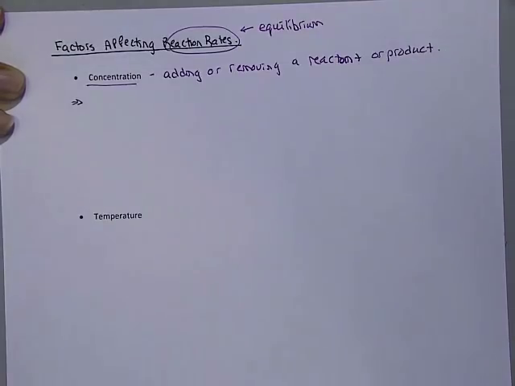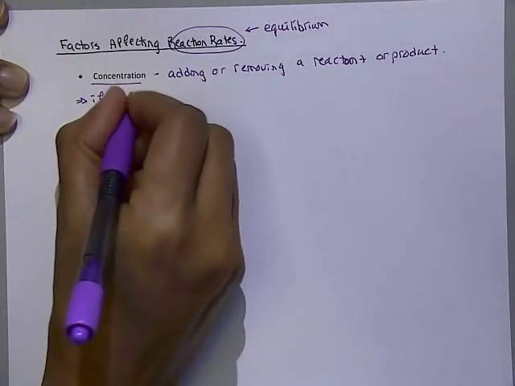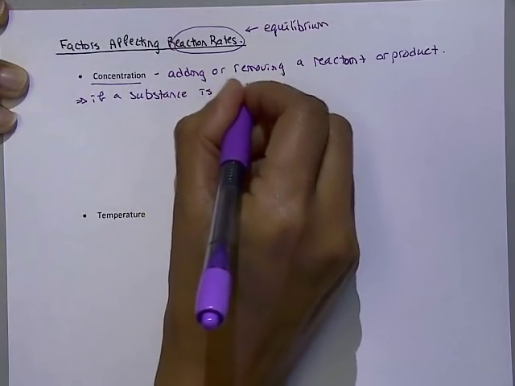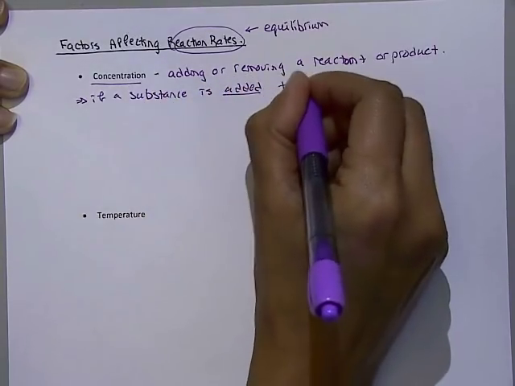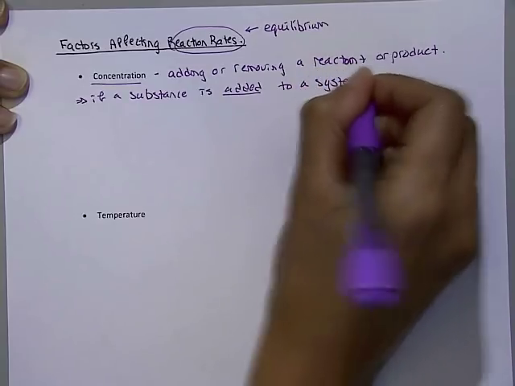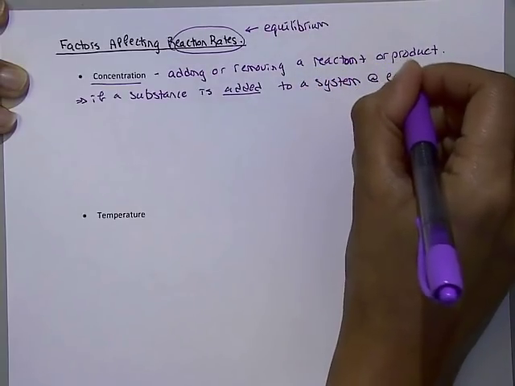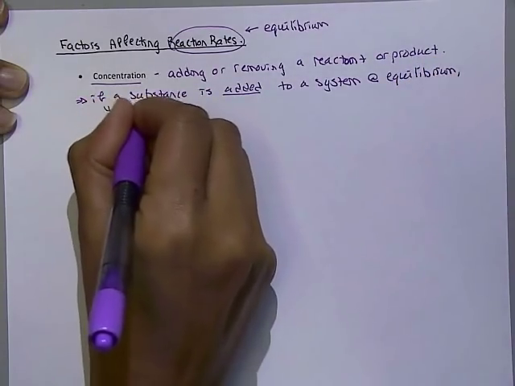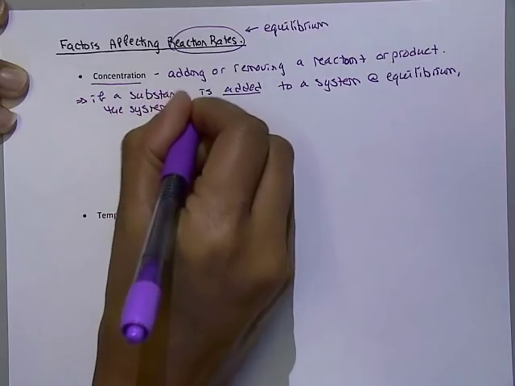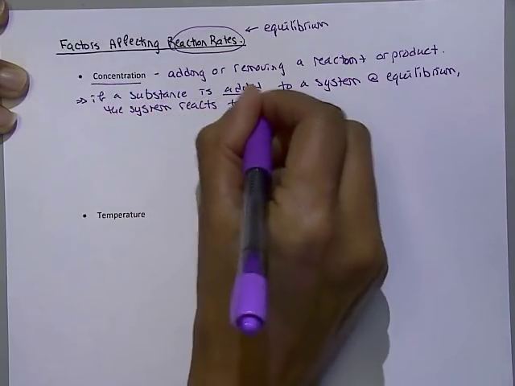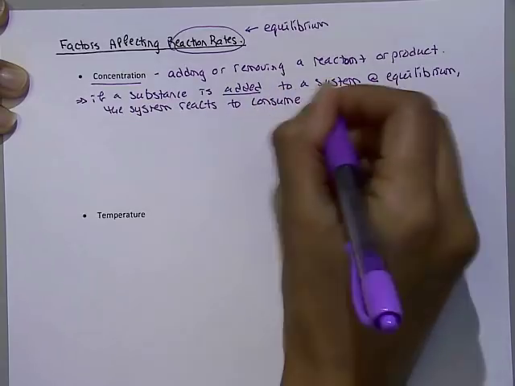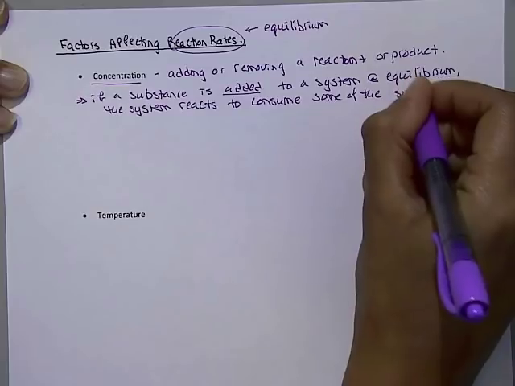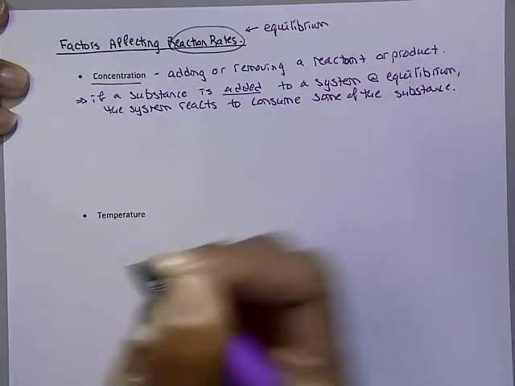So let's take this even deeper. If a substance is added to a system that is currently at equilibrium, the system reacts to consume some of the substance. And it does that so that we go back to equilibrium.